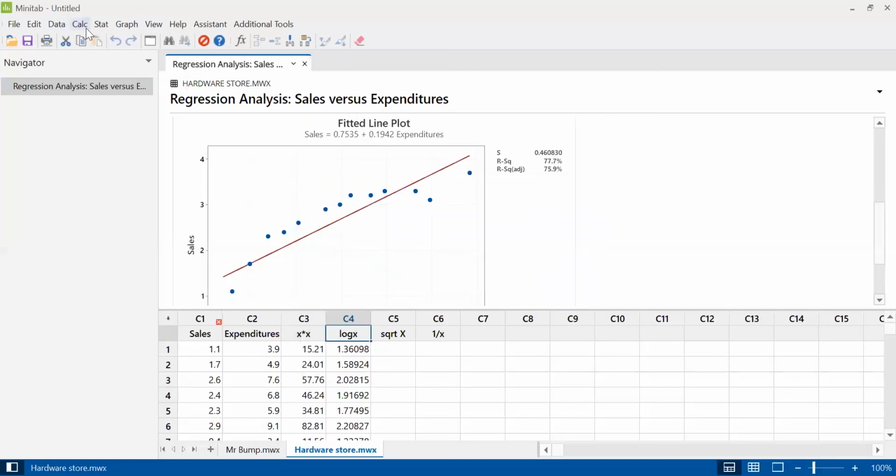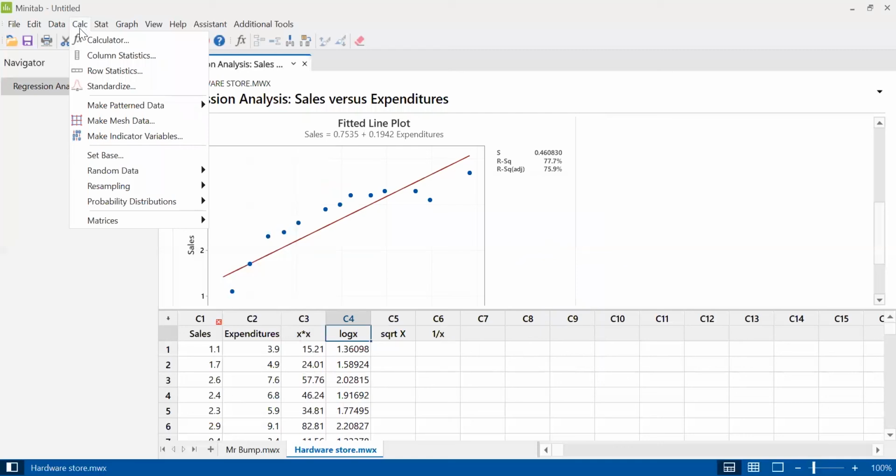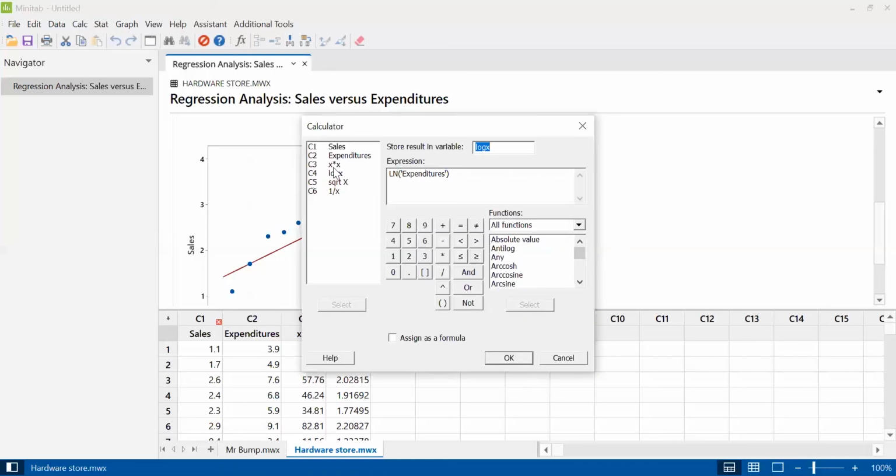For the square root of x, similarly, we'll go to calculator, and we want to store that in square root of x. Now this time log of expenditure is highlighted automatically. We still need to rely on the function to get the square root of that. So we will start with s.